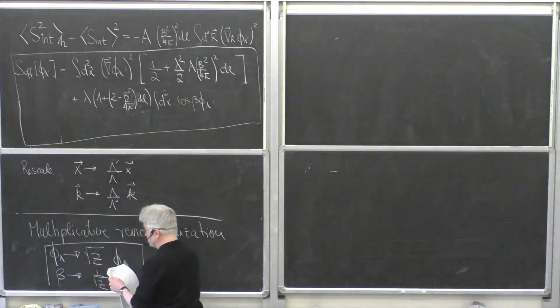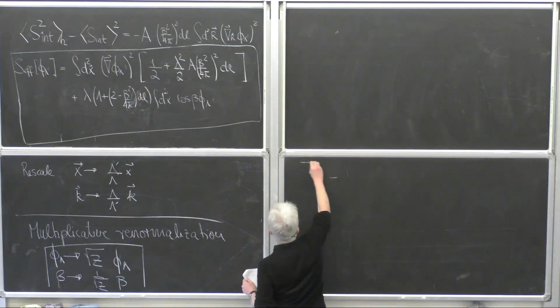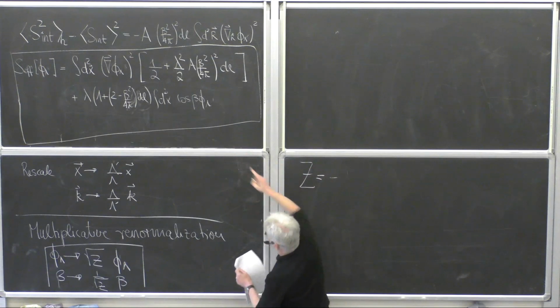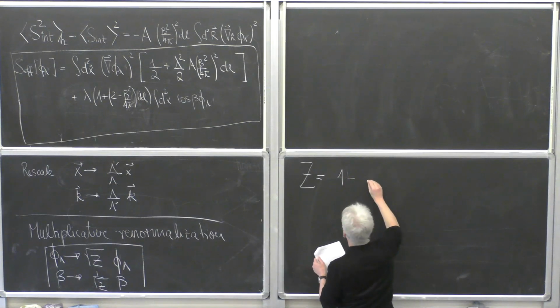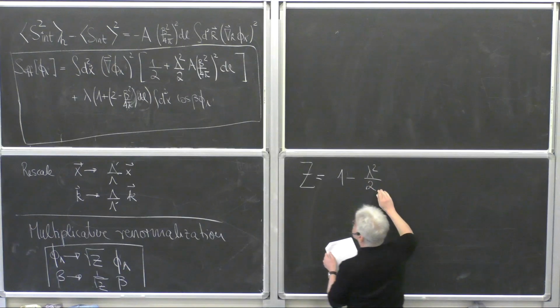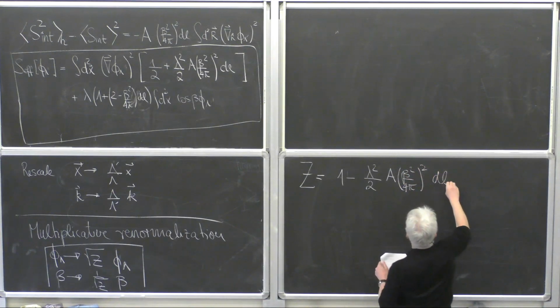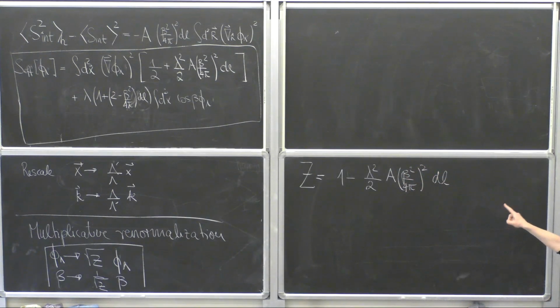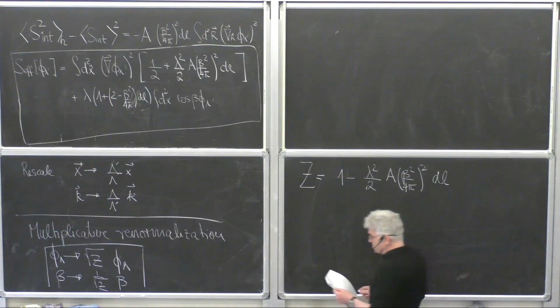Okay, so this is what we do. And the z factor here is precisely what I have there. So it's 1 minus lambda squared divided by 2a beta squared divided by 4 pi squared dl. So it's the inverse of what I have written there, using again that dl is small. Okay, so this is interesting.